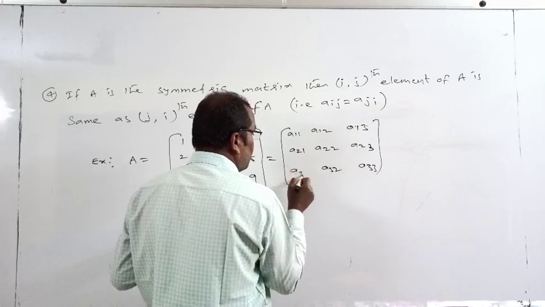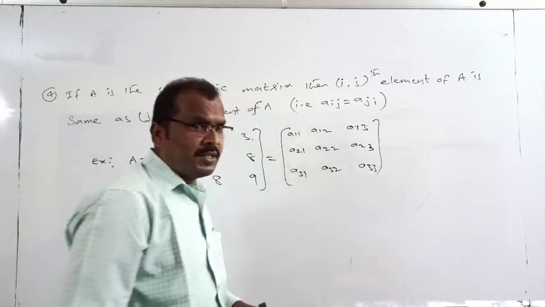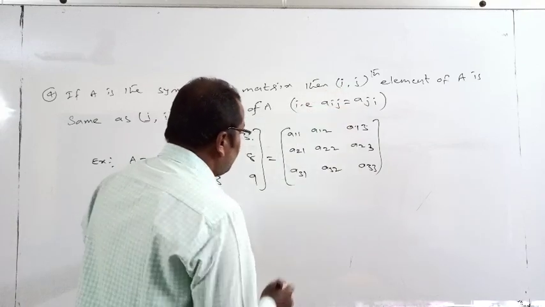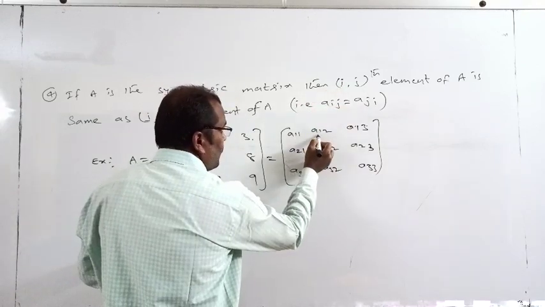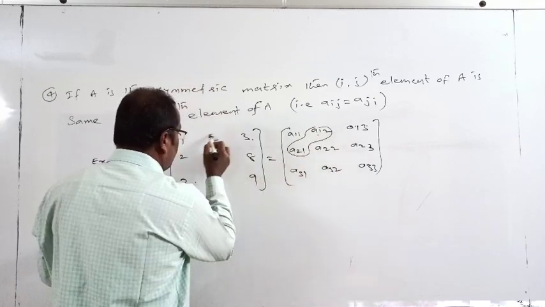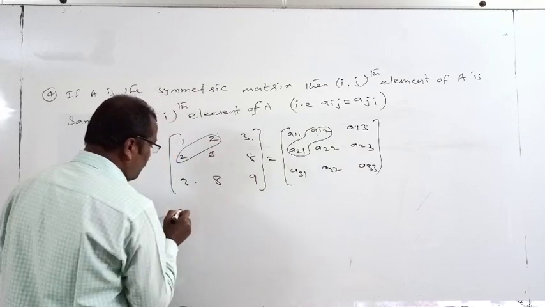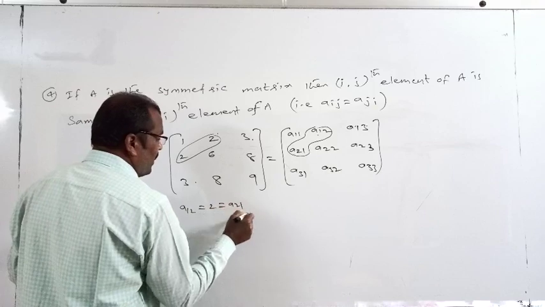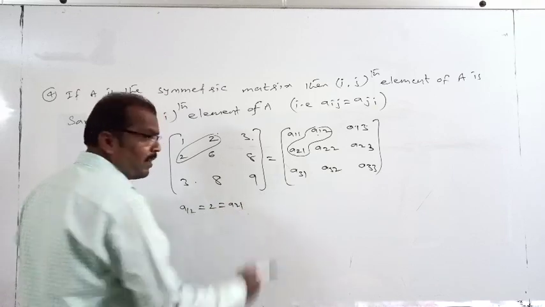What is the meaning of this one? The i comma j element is the same as the j comma i element. A12 is the same as A21. These two elements must be the same. Here A12 is equal to 2, that is equal to A21.